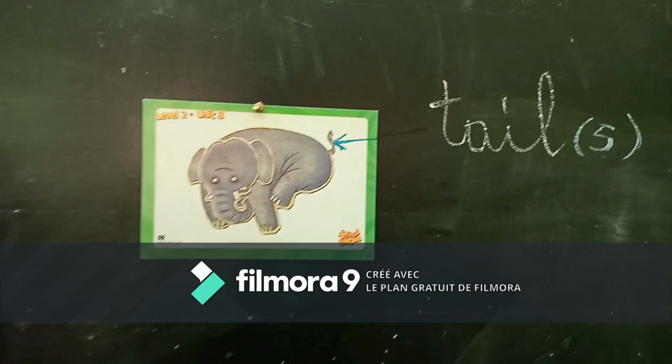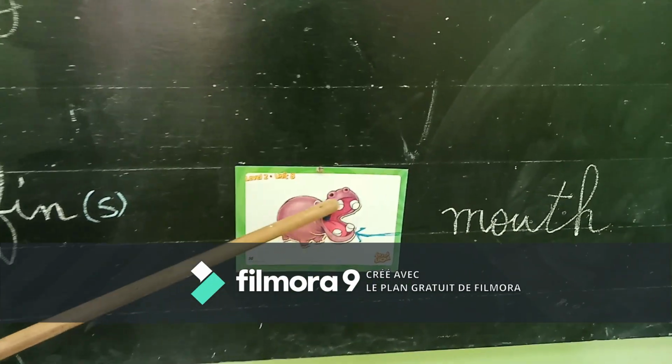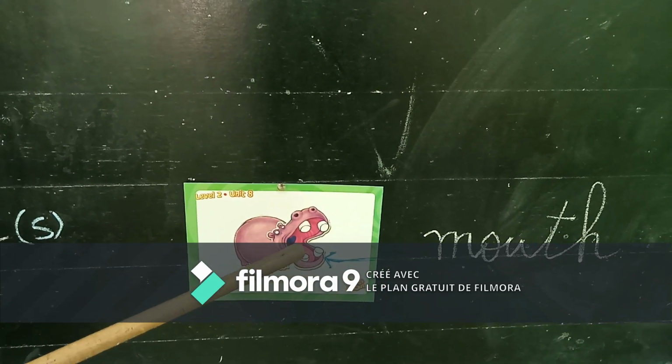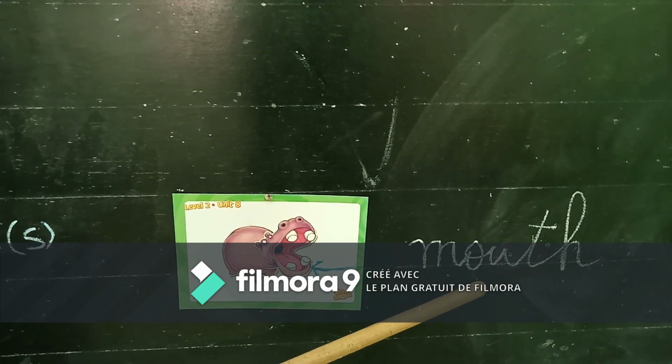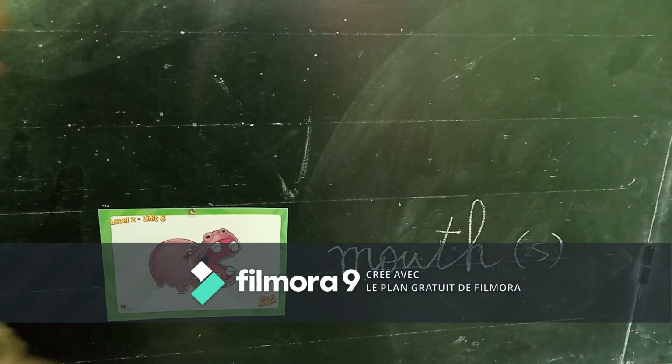The last one is hippo. Look at this hippo. He has a big mouth. Okay, a big mouth. So we have just one mouth. That's why we don't write s. For the plural, as you know, we write s. And we say mouth.